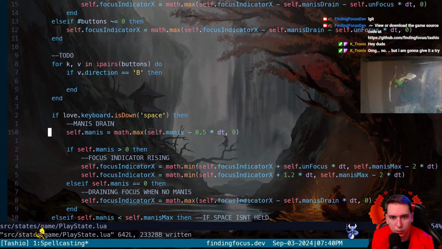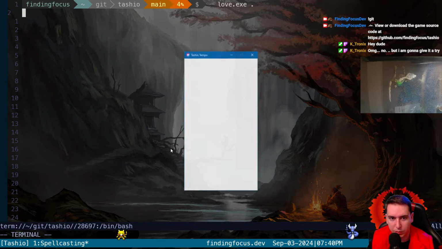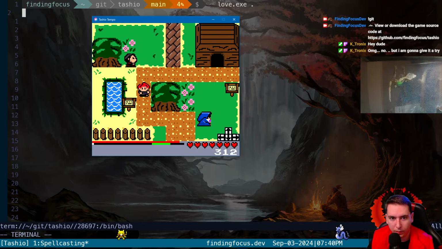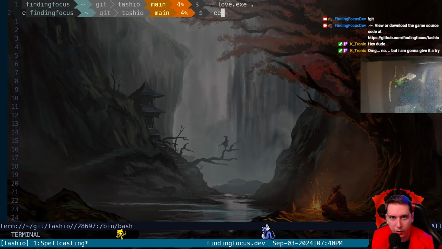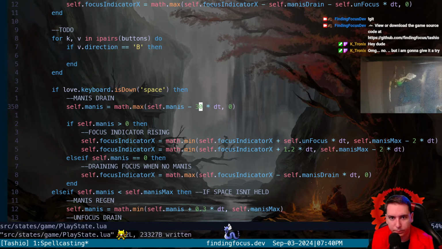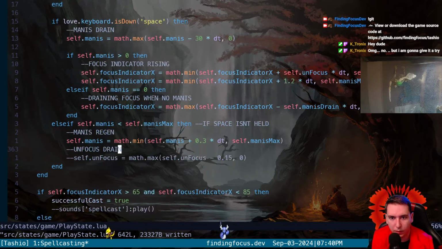Okay, so let's say that we multiply this by about 60, which would be about 30 value. Let's see if that speeds it up. Okay, that's better. But we are not regenerating. Minus regen.